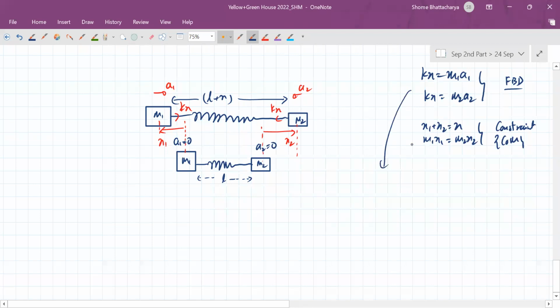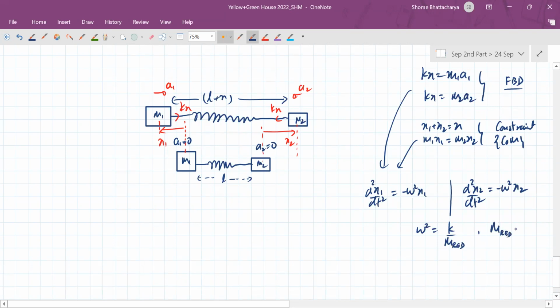So solving this and this together, we get that d2x1 by dt square is minus omega square x1, and d2x2 by dt square is minus omega square x2, where omega square is k divided by reduced mass, where the reduced mass is product divided by the sum.